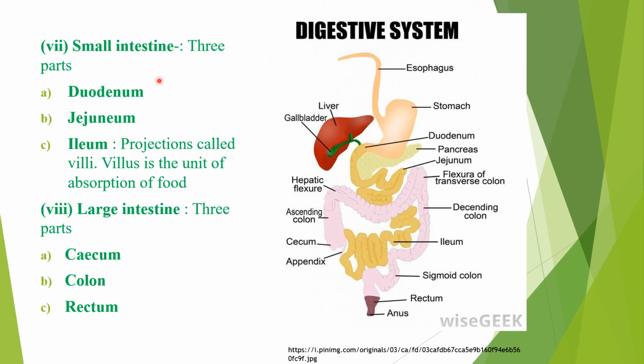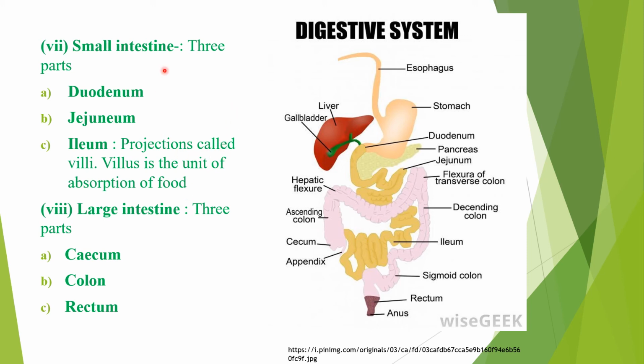Small intestine के तीन parts होते हैं: duodenum, jejunum and ileum. Ileum से different projections निकलती हैं which are called villi. तो villi is the main unit for the absorption of food. उसकी वजह से surface area बढ़ जाता है और यहाँ पर food जो है absorb होता है.